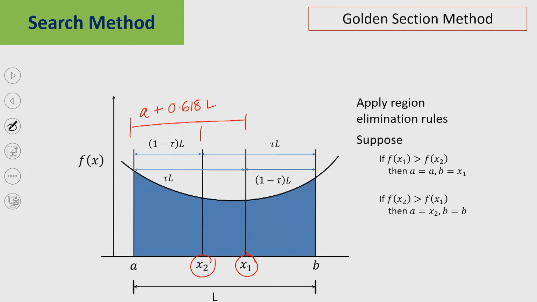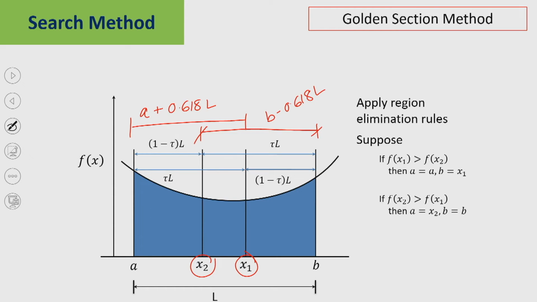Similarly, I take another point x2, which is b minus 0.618 L. So you are taking 2 points here. In the interval halving method you took 3 points, but here you take 2 points. And then you apply the region elimination concept.